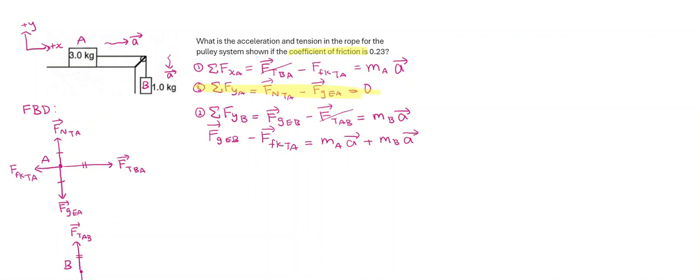And there we go. So now once again, we need to split these up into terms where we can substitute values in. So this is going to be mass times gravity minus, if you recall, the force of friction is the coefficient of friction times the normal force. So here's the coefficient of kinetic friction, and then our normal force. Well, how do we find that? This is where equation 3 comes into play.